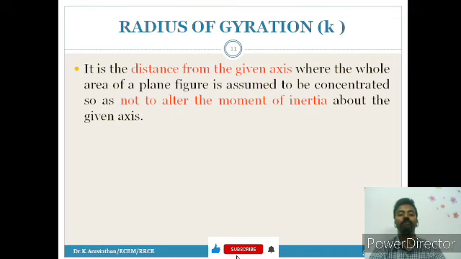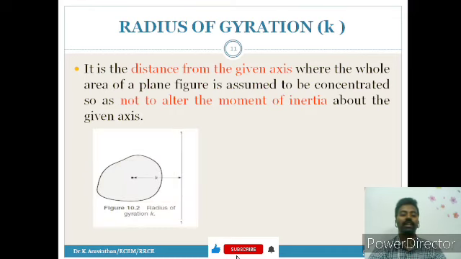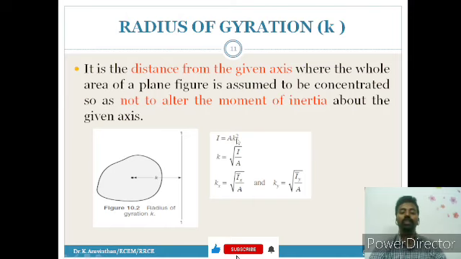Last we will look into the radius of gyration, which is indicated by k. Now you know I is the letter for moment of inertia, and A is the area. What do you mean by k square? K is the radius of gyration.